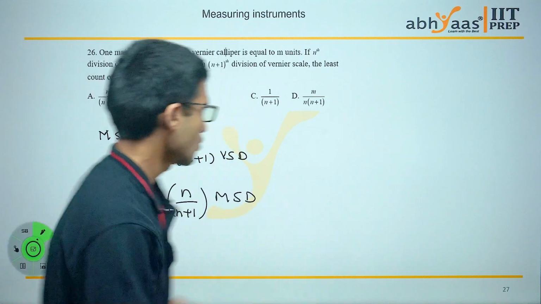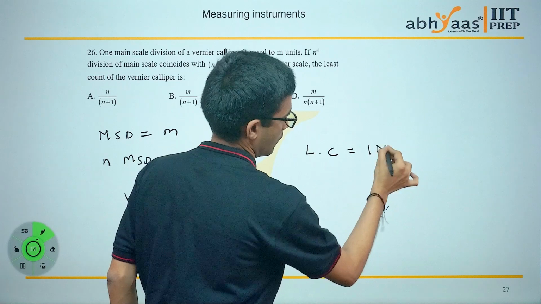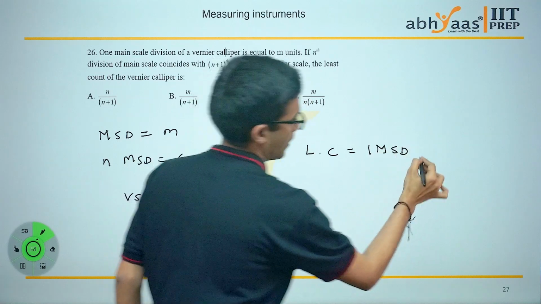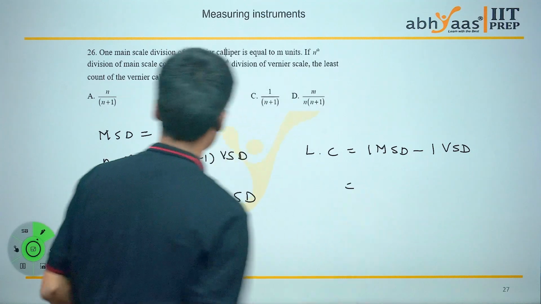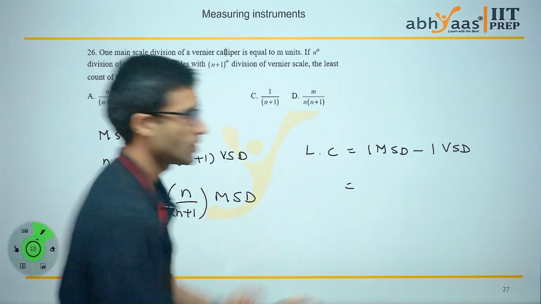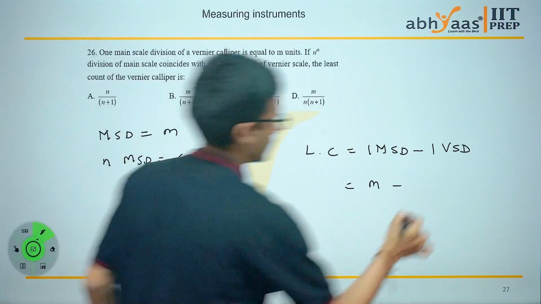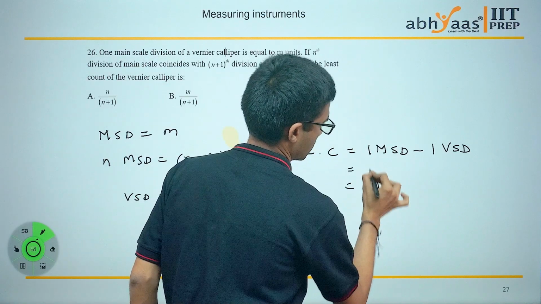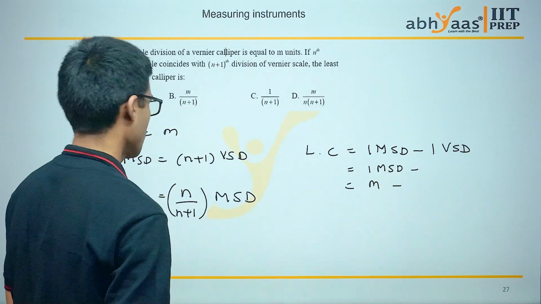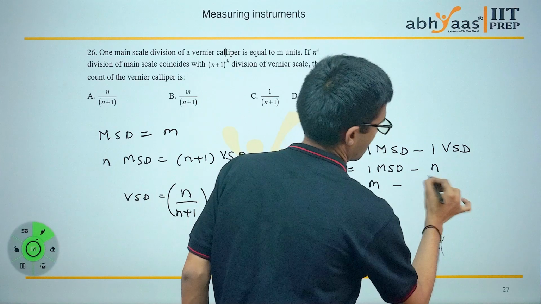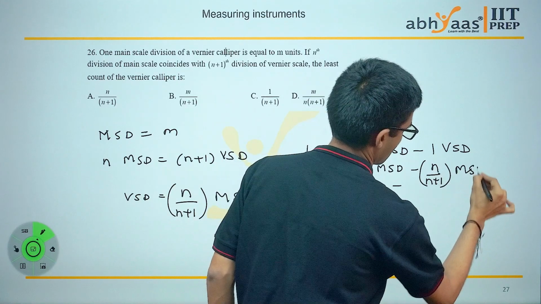What we want is the least count. The least count formula for the vernier calipers is equal to 1 MSD minus 1 VSD. So 1 MSD is M units, that is given in the question. And 1 VSD is N by N plus 1 into MSD.